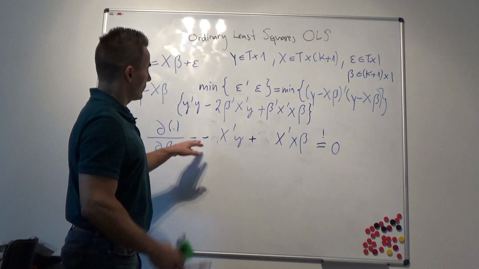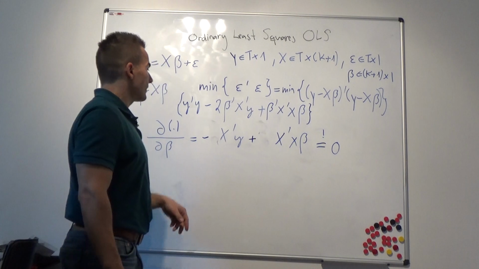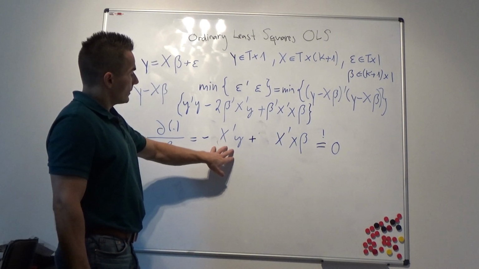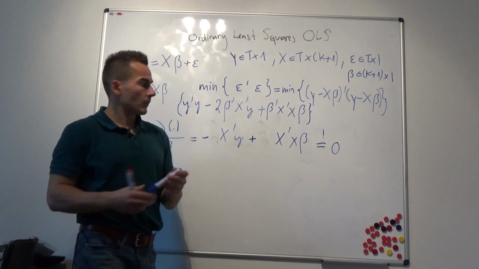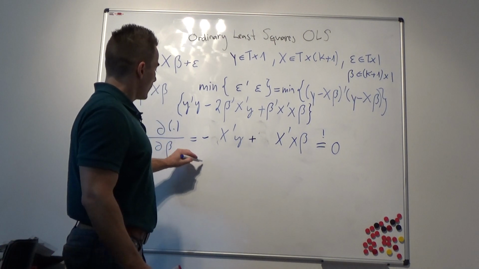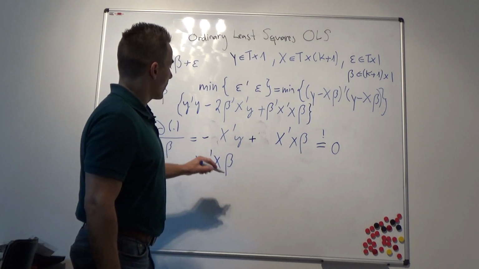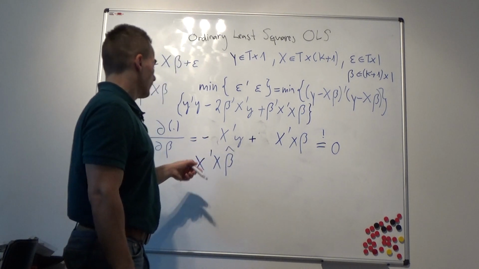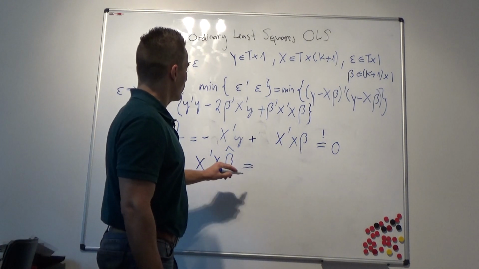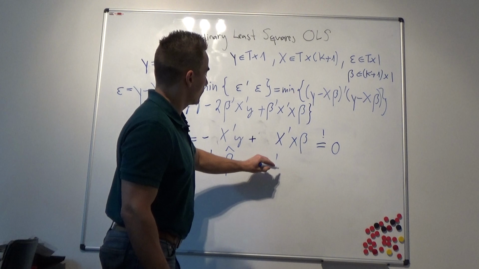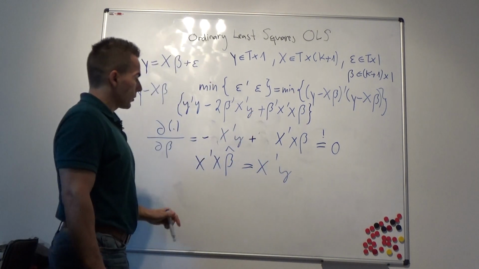What remains is minus X transposed Y plus X transposed X times beta. Let's take this term to the right-hand side. What remains is X transposed X times beta, and now we give it a hat because it's an estimate, is equal to X transposed Y.